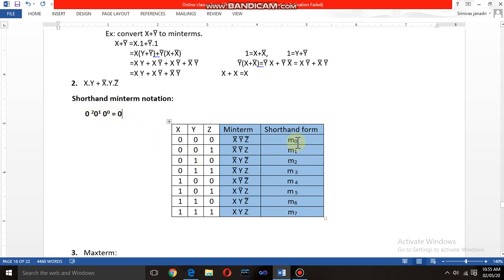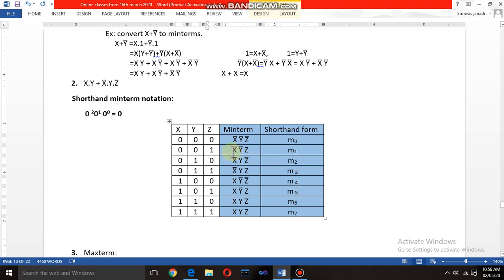So here we say subscript, 0 as a subscript, m represents the min term and 0 represents the subscript. This is the first min term. 0 0 1, when you convert into decimal, will be 1, so the subscript will be 1, and the min term representation will be x complement, y complement, z. 0 1 0 gives you the decimal number 2, so m2, like that m3, m4, m5, m6 and m7.